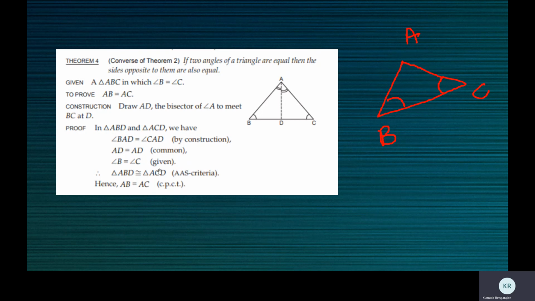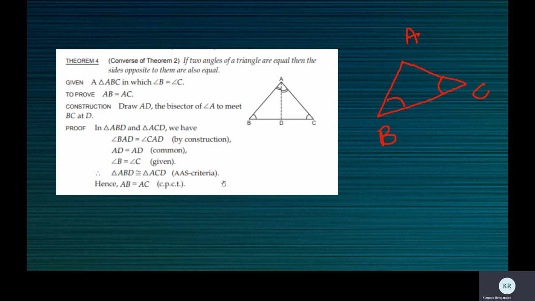And D is the third vertex. So when we say ABD, you must say ACD. The two triangles are congruent by the AAS congruence criterion.